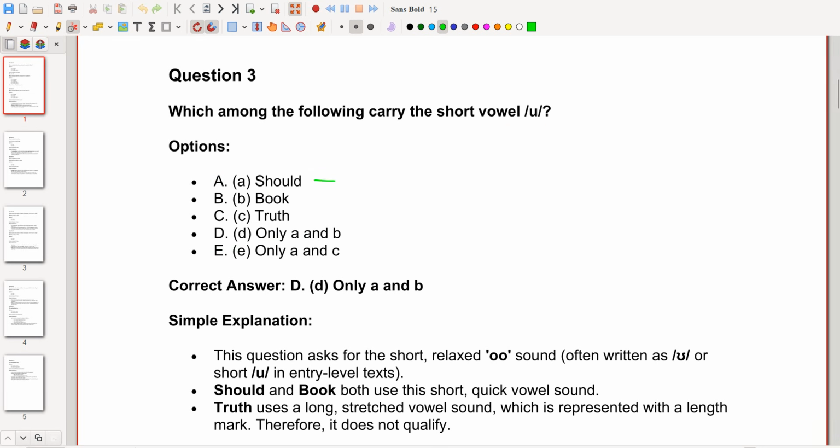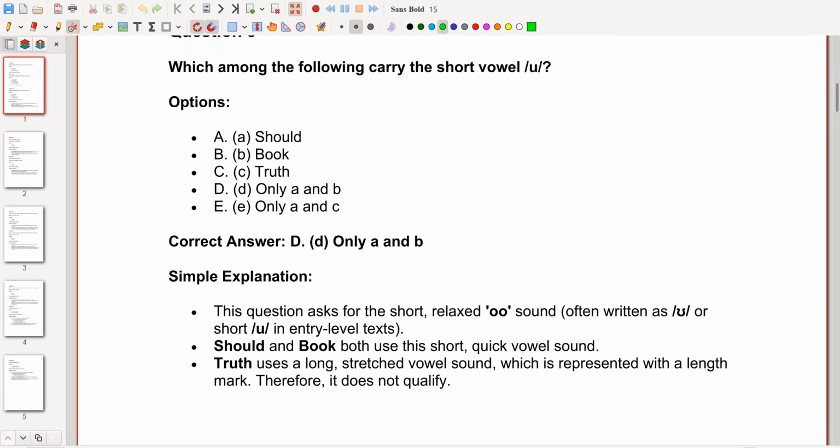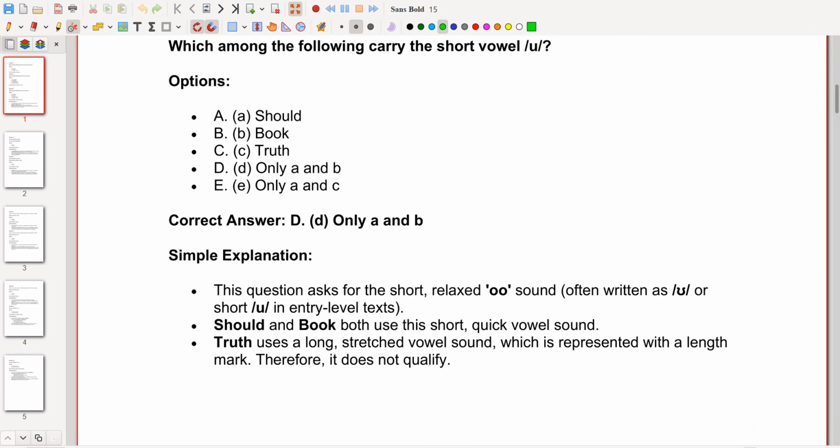Book, we are getting the U sound. Truth, see, truth is prolonging the U sound. When we say truth, it is prolonging the U sound. So, it is not a short vowel, right?